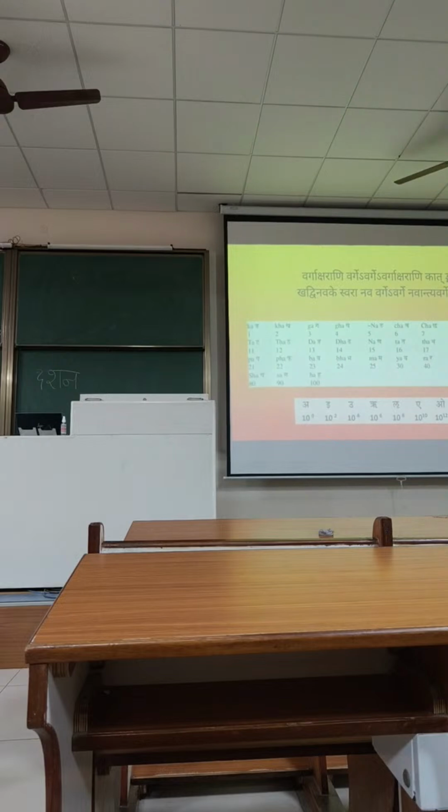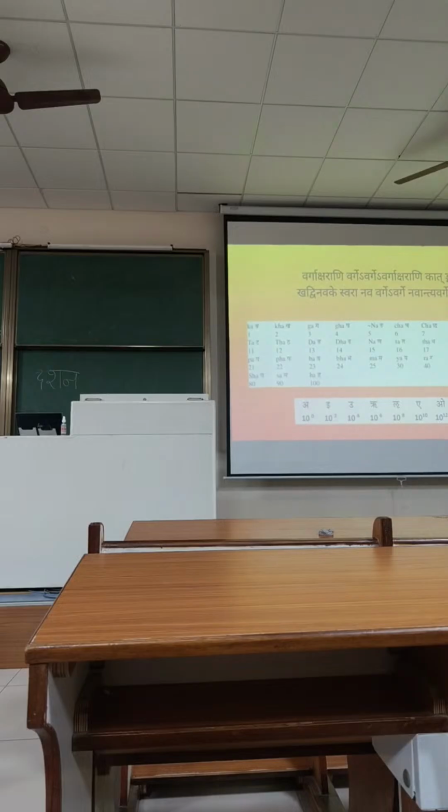And na is 20, into U is 10 power 4. Yeah, so this is my number. So now I can write it. This is the number represented by such a small word.